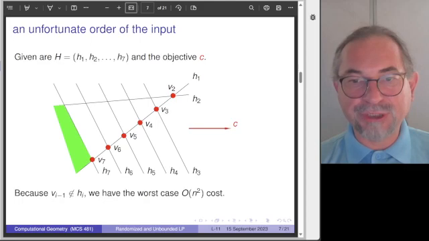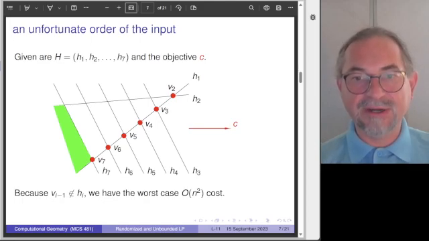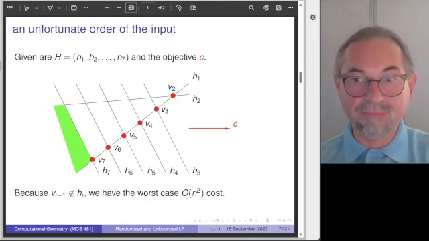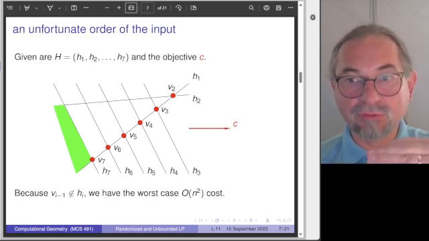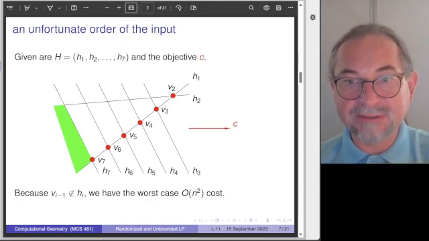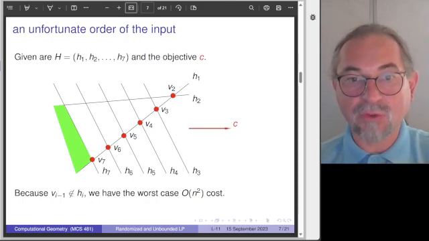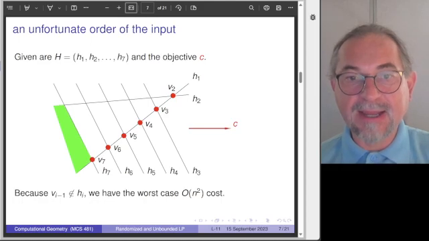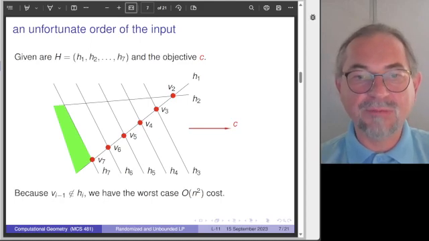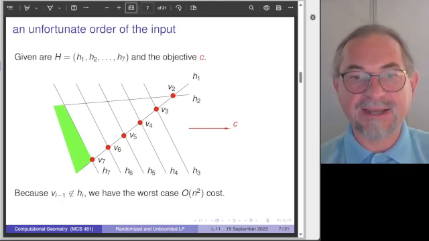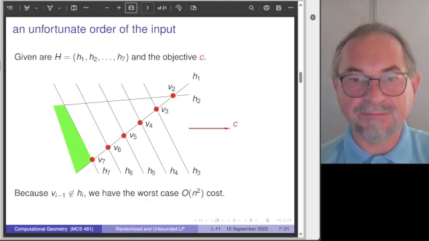And our objective is drawn by this red vector. We look for the rightmost point that satisfies all the half planes. And the half planes cut out this cone. After 7 steps, we have arrived at vertex 7.